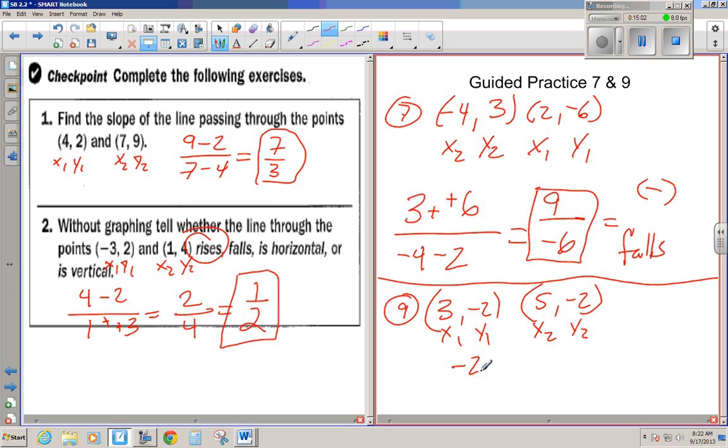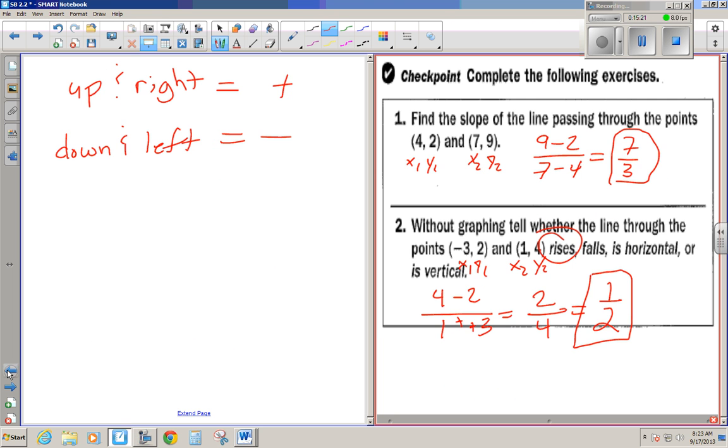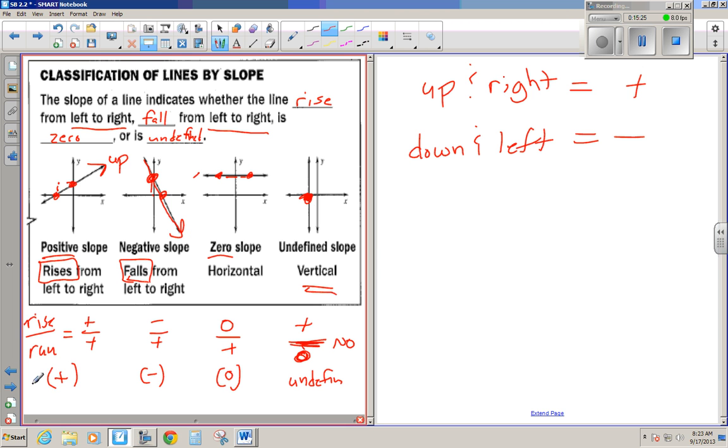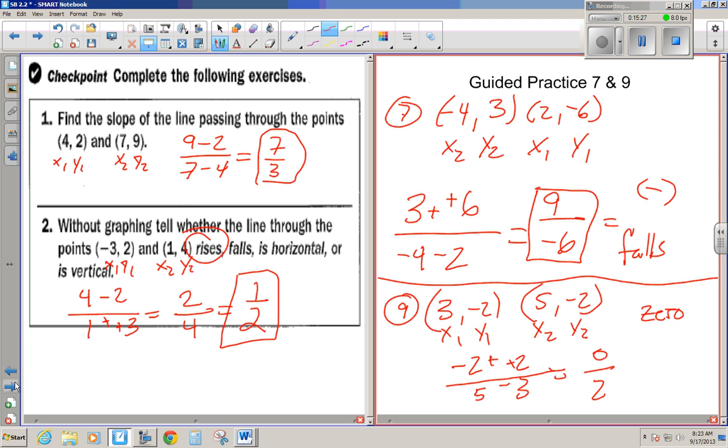We're going to do negative 2 minus negative 2, and then 5 minus 3. That becomes 0 over 2. Therefore, your slope is 0. And if you look back at your list, a 0 slope is a horizontal line.